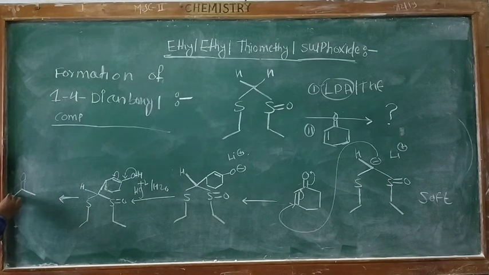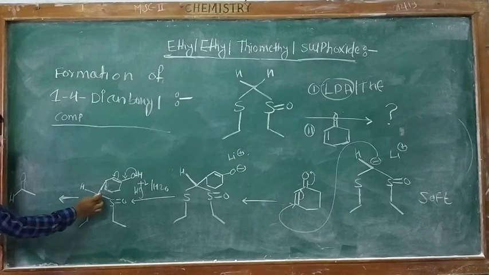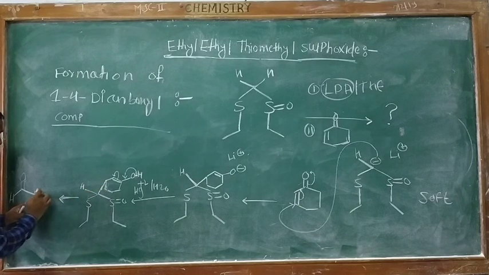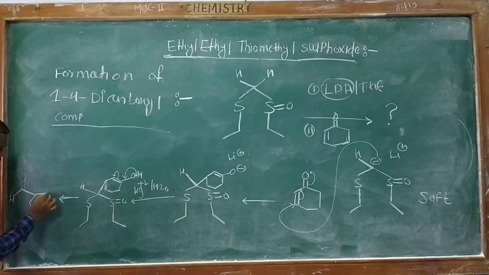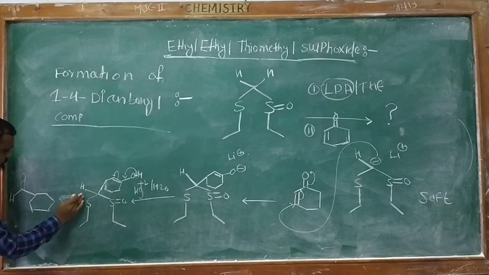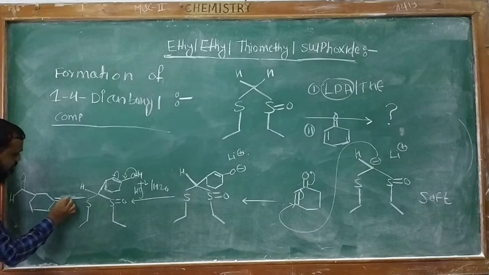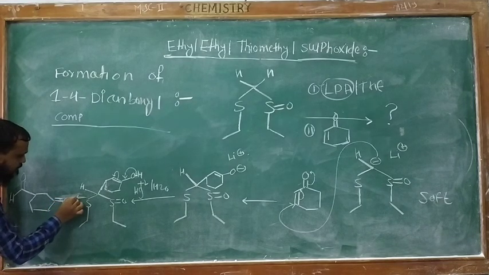Here one hydrogen is present. Here a C double bond will be generated, and this carbon is bonded with this carbon atom, and here a C double bond O is generated.